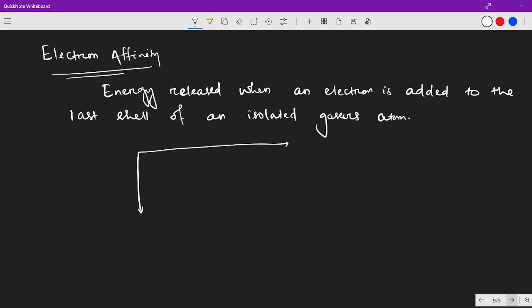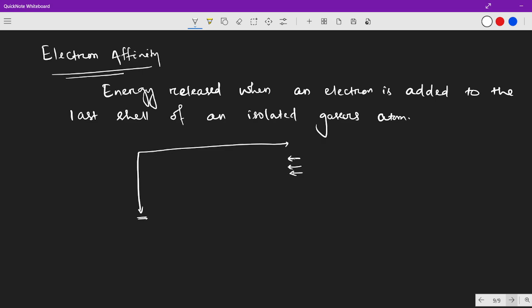Now let's understand. In this case, electrons can easily be added, but in this case, it is not, because metals will try to lose electrons, so it will be difficult for them to accept electrons. Yes or no?